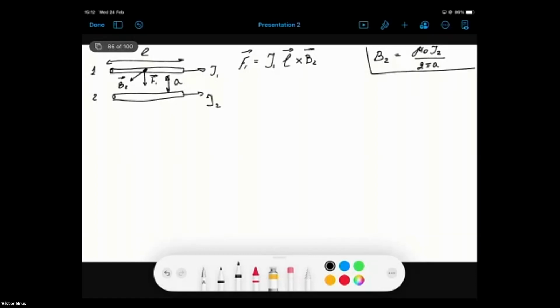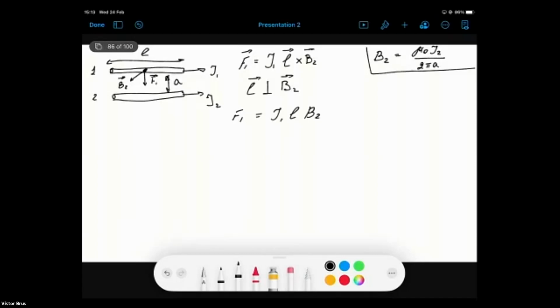Taking into account that the L vector is perpendicular to the B2 vector, we can write that the absolute value of this force F1 will be equal to the product of I1 times L, the length of this wire, and times B2.